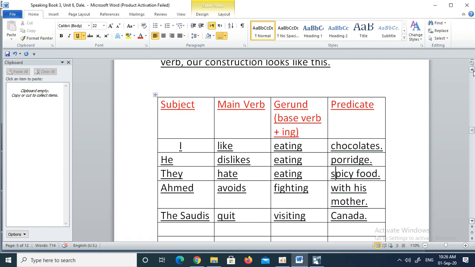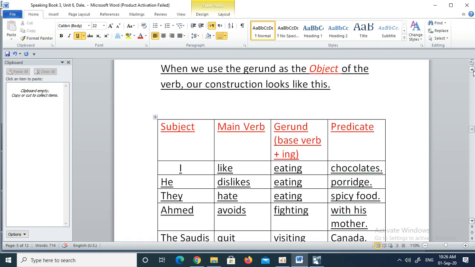In each of these examples, we start with the subject, then we have a main verb, like hate. Then we have a gerund, which is a base verb plus ing, so it could be eating, which is the base verb eat plus ing. It could be farting, which is the base verb fart plus ing.